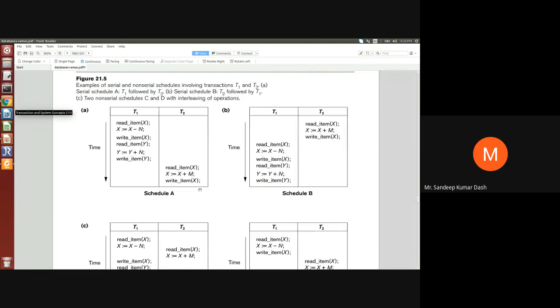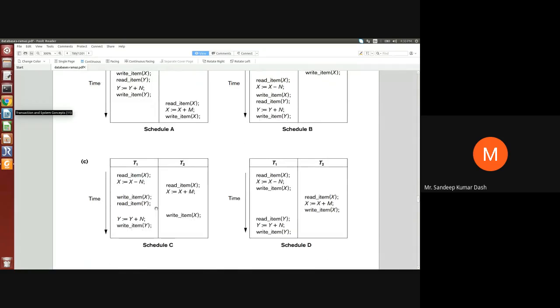So this is a non-serial schedule, also called an interleaved schedule. The problem occurs in interleaved schedules because there may be the lost update, temporary update, or incorrect summary problem occurring in interleaved cases. So whenever you have interleaved operations, you have to take extra care.